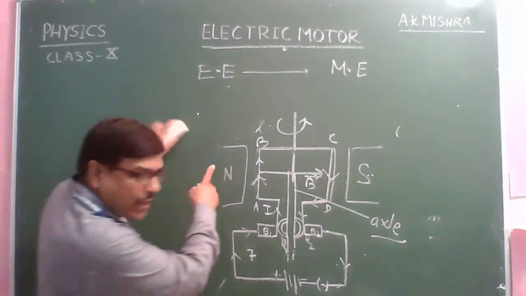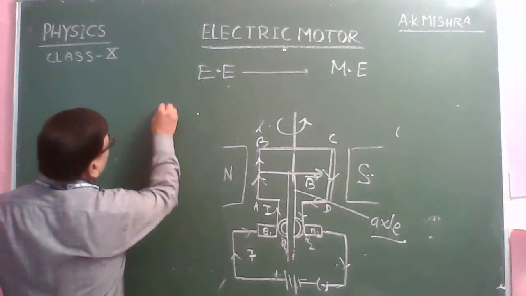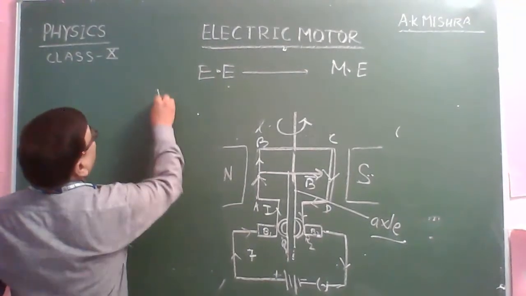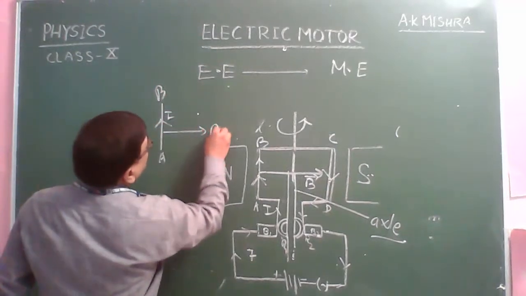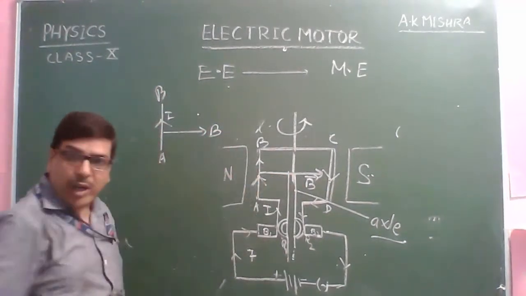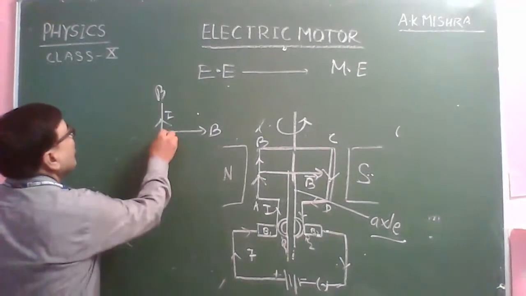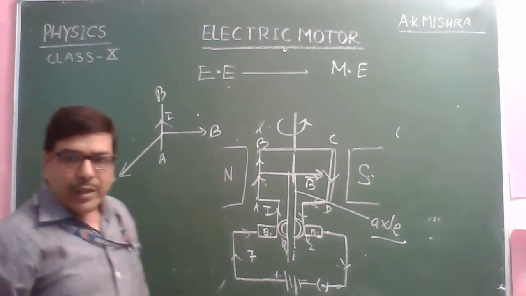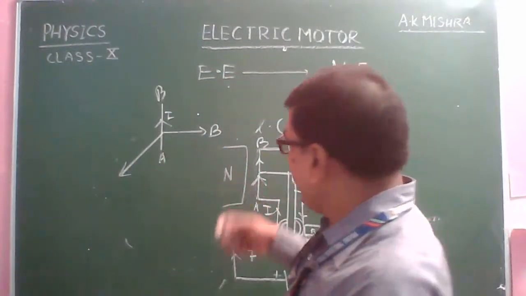So this is current I in AB and this is the B field. They are mutually perpendicular to each other. Then the force is downward. The force is downward.